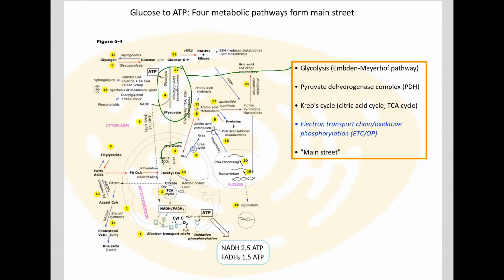Then the second part, the PDH, occurs in the mitochondria. The third part, the Krebs cycle, is also in the mitochondria. And today, the electron transport chain, ETC, coupled to oxidative phosphorylation, is also in the mitochondria, and more specifically in the mitochondrial membrane.